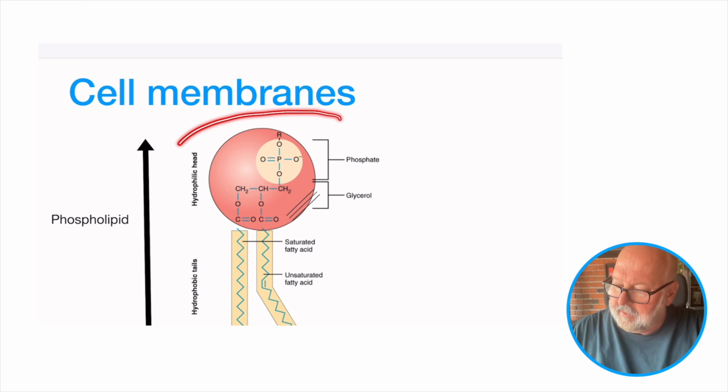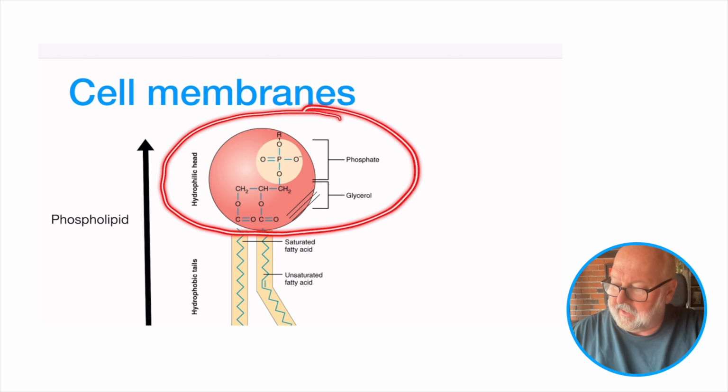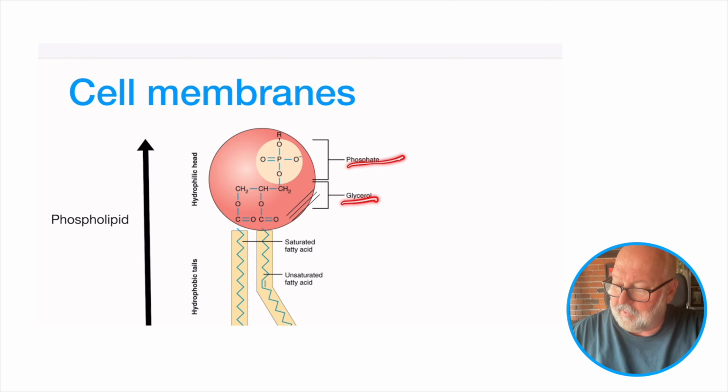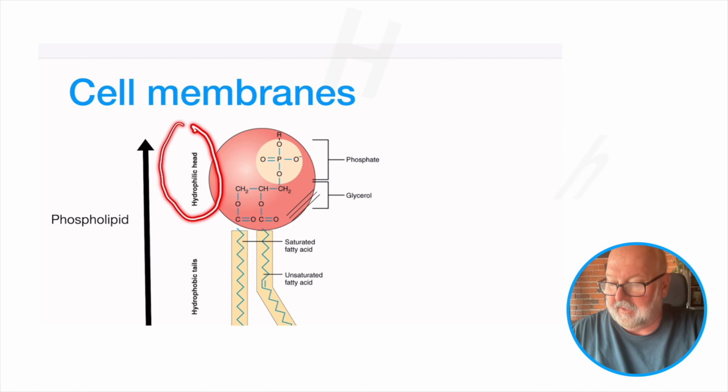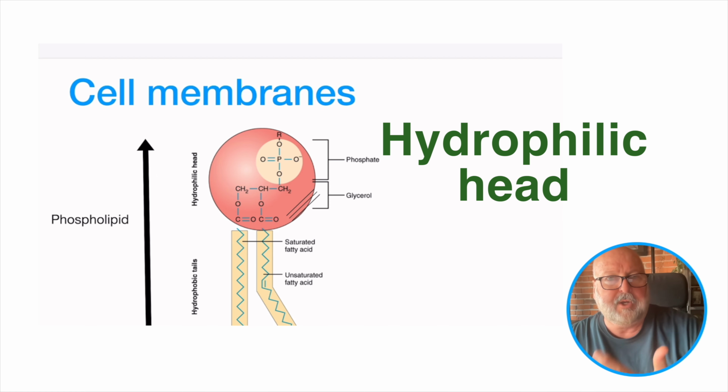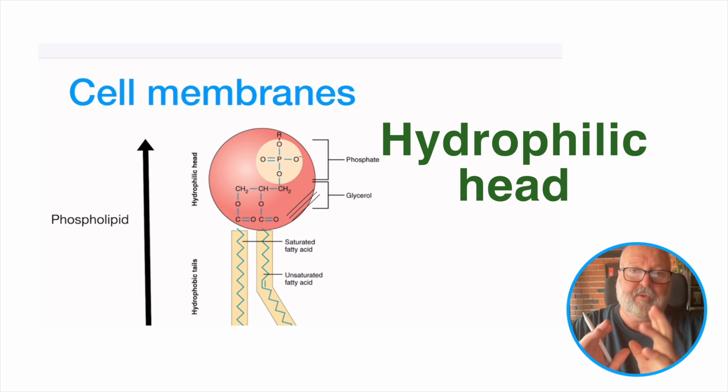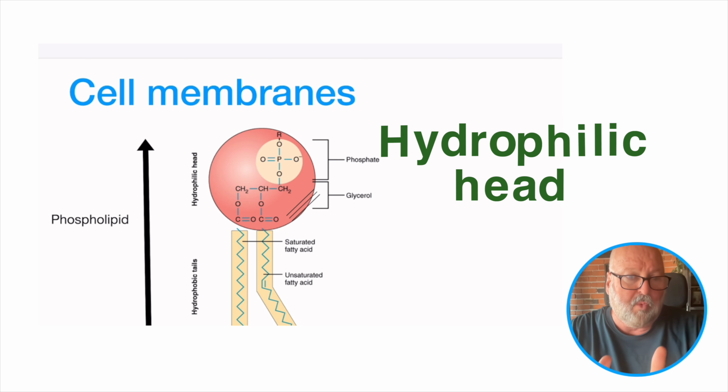Now let's have a look. So up here, this head, which once again is a phosphate group and a glycerol, we're going to call the hydrophilic head. Now let's break down that term, hydrophilic. It means water loving. This part of the molecule really wants to be surrounded, embedded in water.